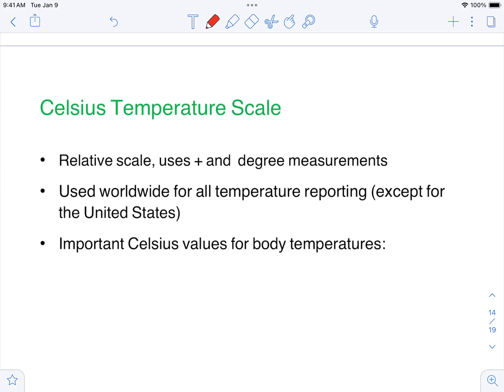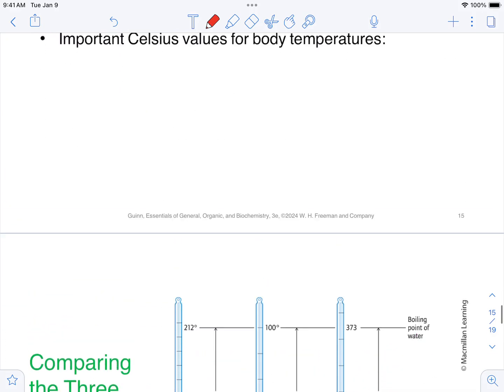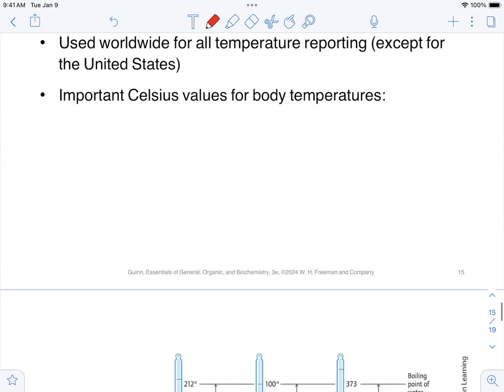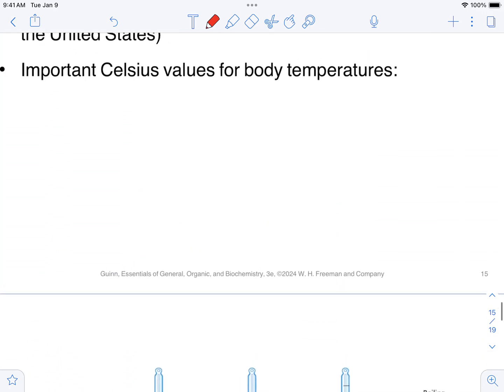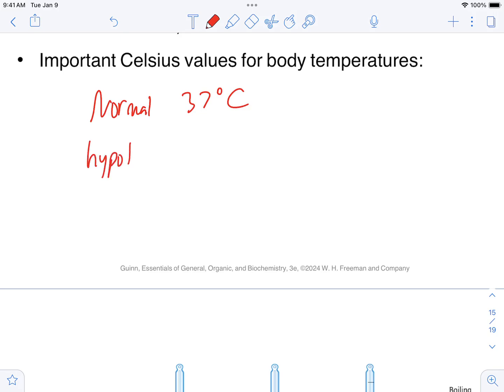Celsius is what we use a lot worldwide. Important Celsius values for body temperatures down here. So a normal body temperature is 37 degrees Celsius. This cannot vary much or you will get sick, as you'll see here. If it goes too low, something called hypothermia, and that's if it's less than 35 degrees Celsius.